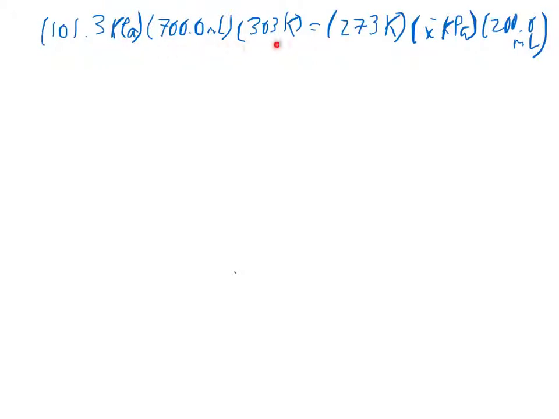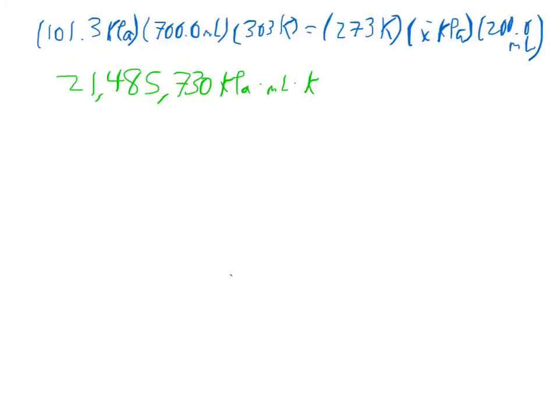So if you multiply this first part out, it comes to a rather large number. The number is 21,485,730 kilopascals times milliliters times Kelvin. It's a bizarre unit, but that's what you did. You multiplied all those numbers together, and that's the unit multiplied out.